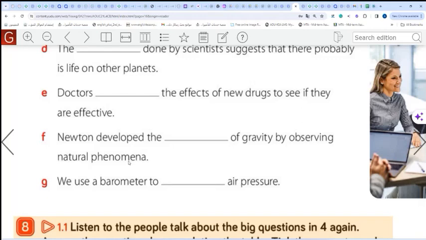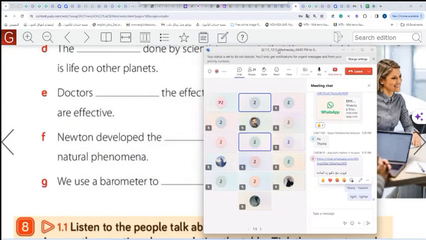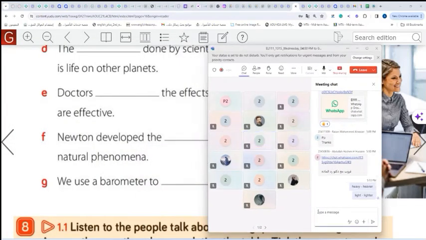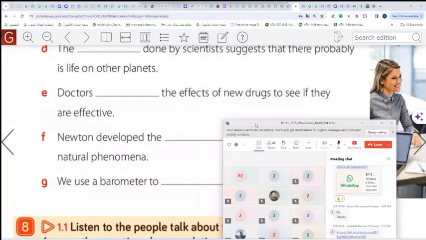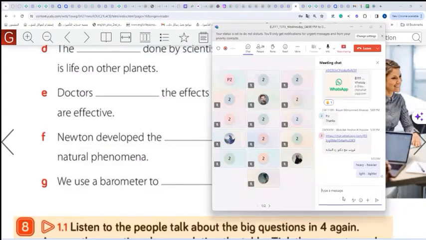Is it a plural noun or a singular noun? Plural, teacher. Yes, it's a plural noun. Phenomena is a plural noun.